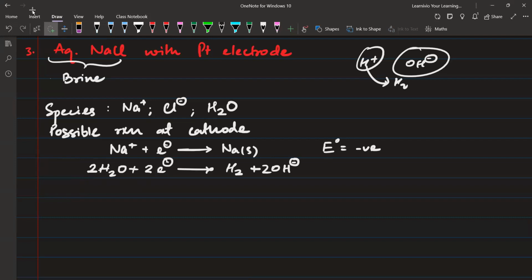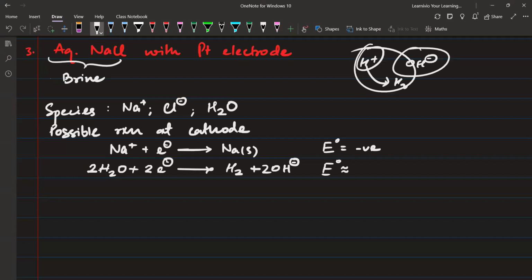Now, what about the E naught of this particular reaction? This E naught is very near to zero because you're forming H2, and indirectly it is happening via H plus getting converted to H2. So the E naught of this reaction is not exactly zero. It is also negative, but very near to zero. It is minus 0.83 volts.